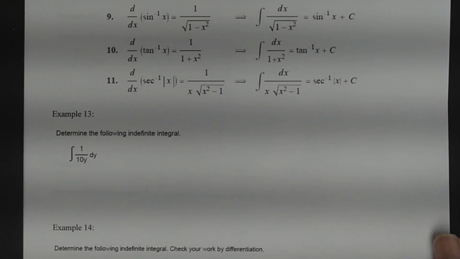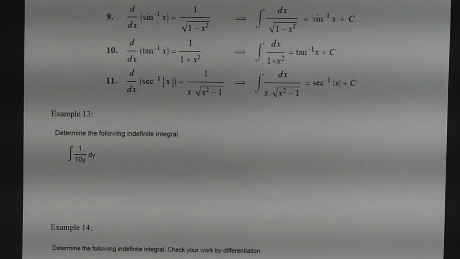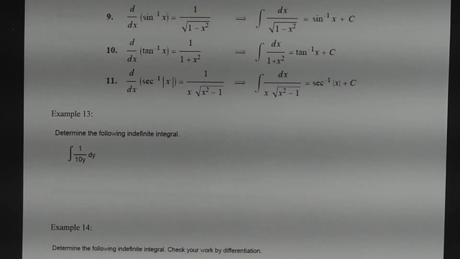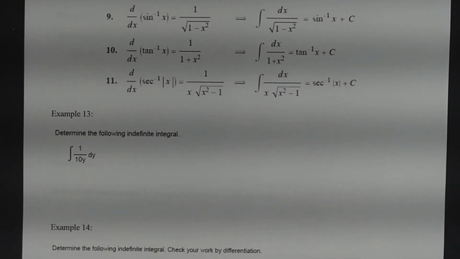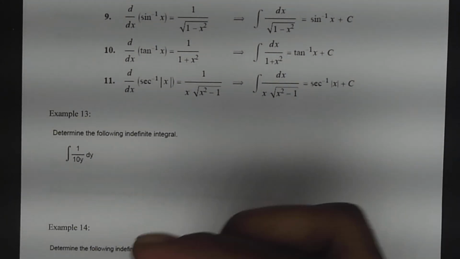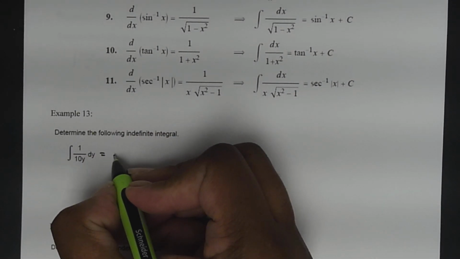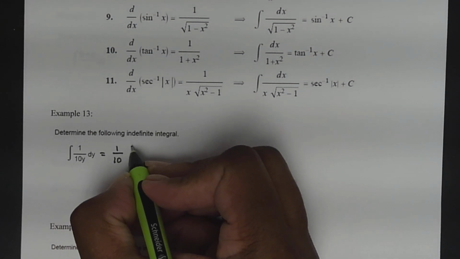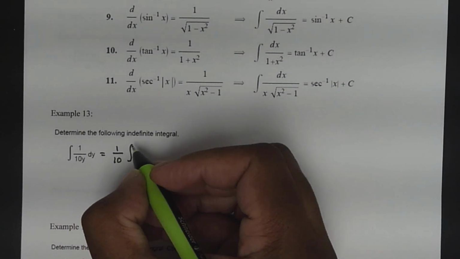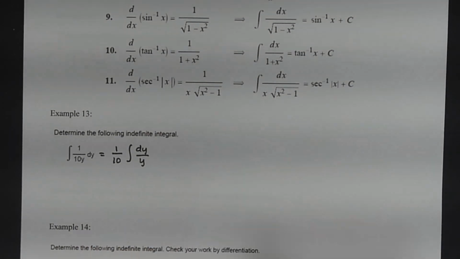Here we got the integral of 1 over 10y dy. Now what I would do here, since I got 1 over 10, that's a constant, I can pull that constant out in front. So it'll be 1/10 times the integral of, let's say, put the dy in the numerator, over y.